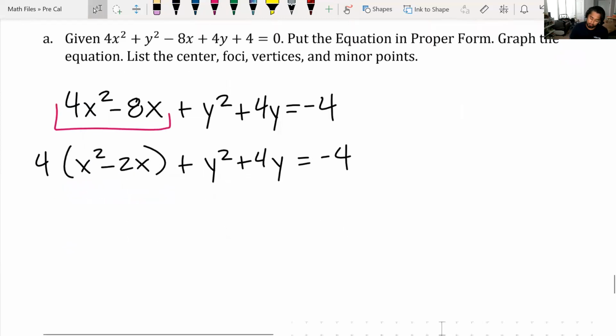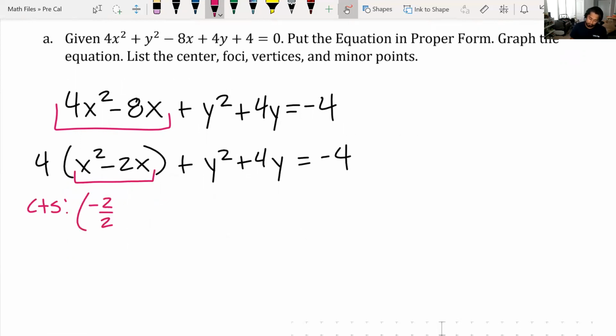All right. So for this guy, when we complete the square, we're going to say half of negative 2 and squared. This will give us negative 1 squared, which will give me 1. Okay. So when I add this in, well, I'll wait till I do the next one. So now let's do completing the square on the green one, right?